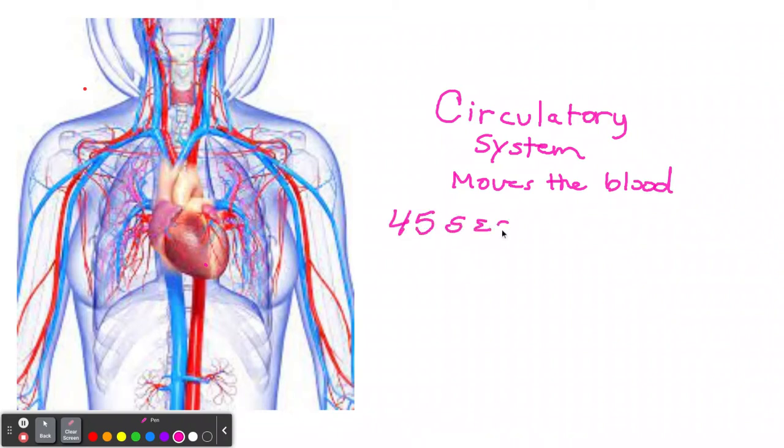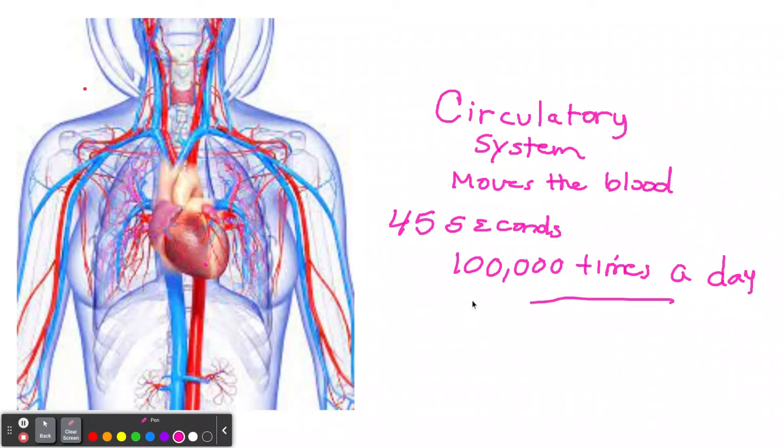It's doing this over and over again throughout the day, and your heart will pump about 100,000 times a day. So do the math if you're talking about decades. And by the way, that's just the average human.